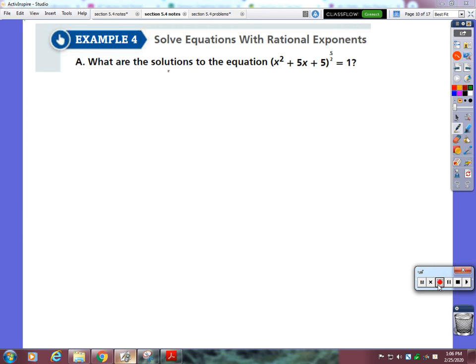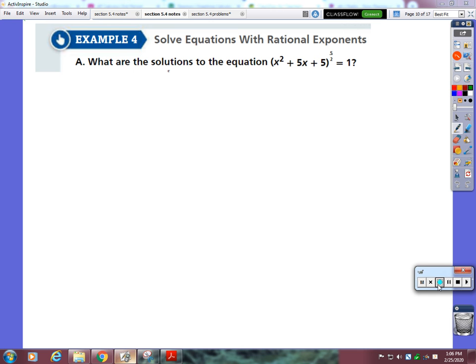All right, so we're going to add a couple things onto what we learned yesterday. Again, the thing that I mentioned at the beginning of class yesterday is the most important thing. Before we do anything with any of the exponents, we need to make sure we get that thing all by itself.